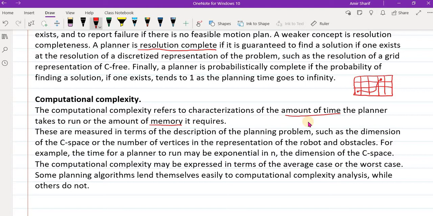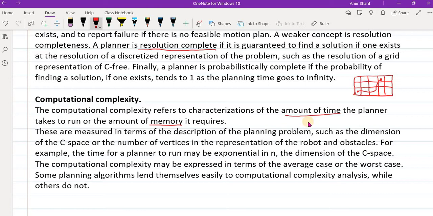If we just consider the obstacles as circles and the robot as a point, then things will be easier. Your problem will be less complex and will require less computational effort.